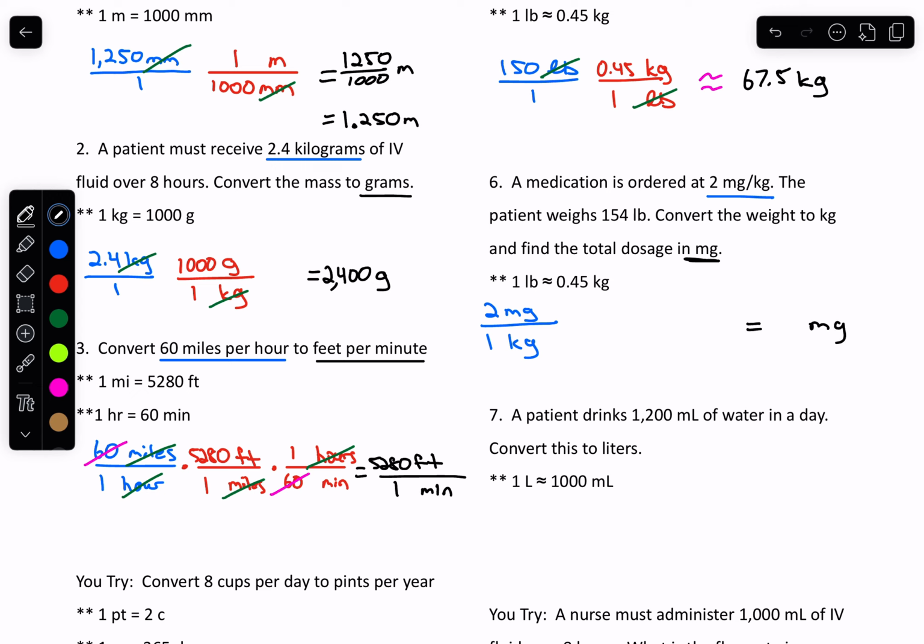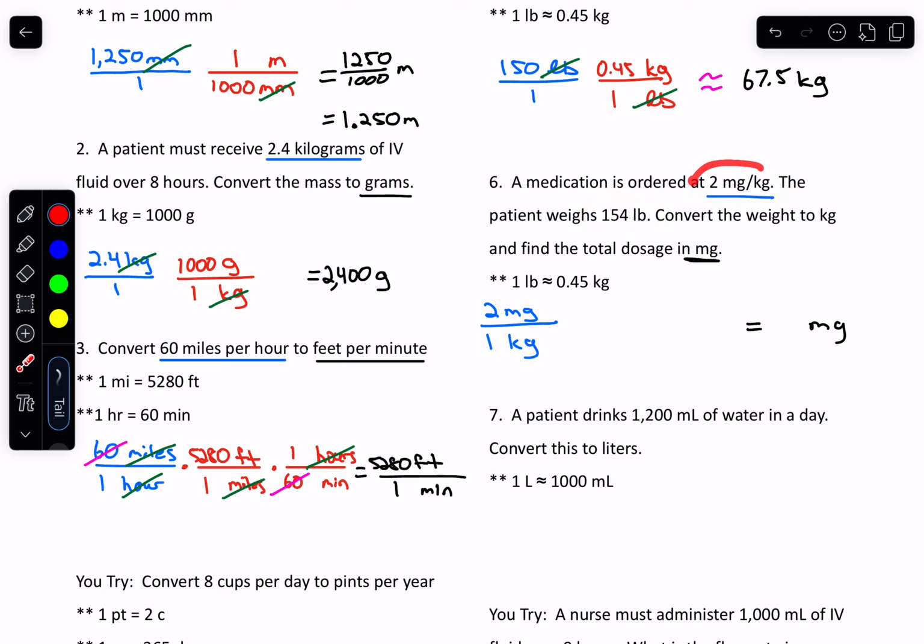So we are trying to turn this into some number of milligrams. So we have to convert the weight in pounds to a weight in kilograms and then figure out how many milligrams we need to actually give this patient. So we first need to figure out, what do we do with this pounds? If you want to find out how much medication to give someone, and you have milligrams per kilogram is how you order your medication, then you multiply that by the weight of the person.